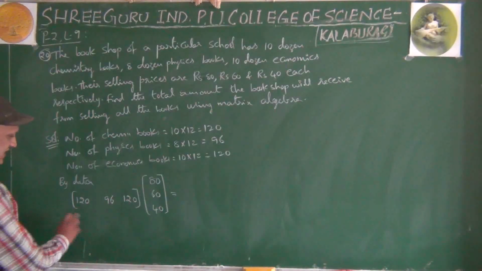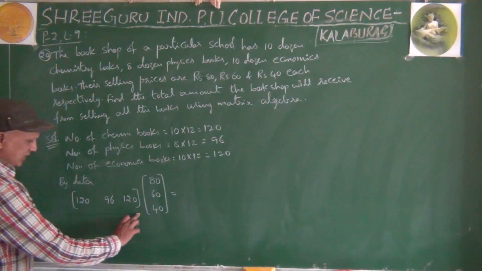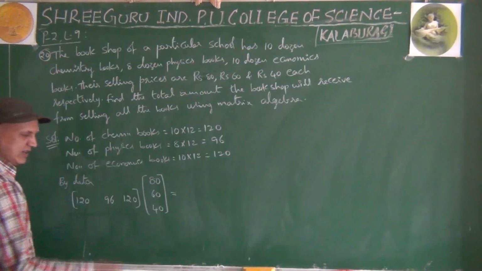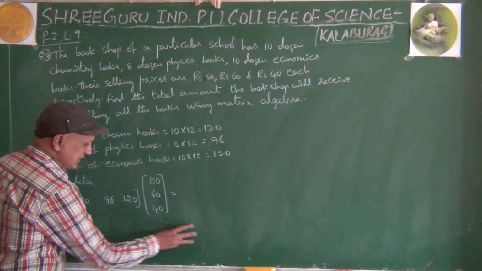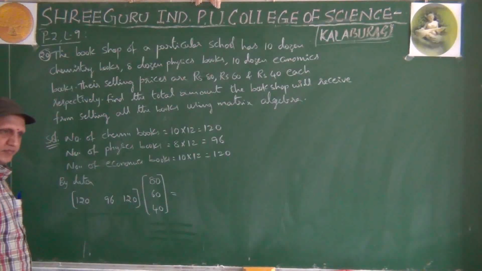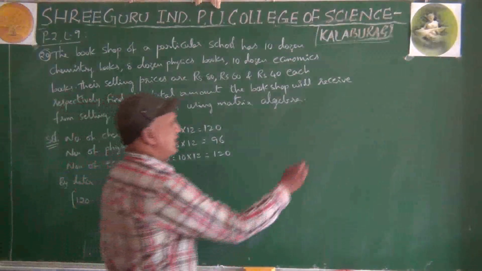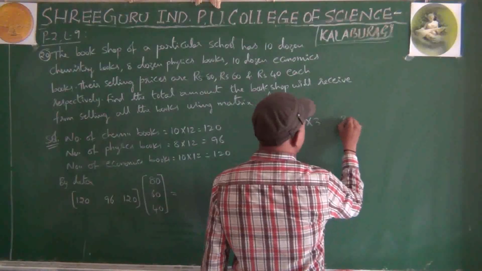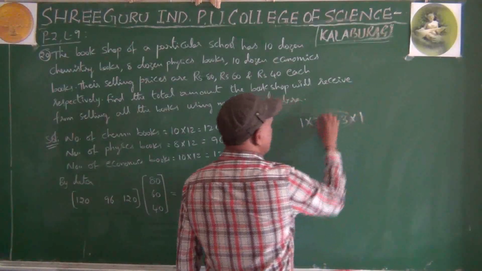This is only one row, 3 columns. Here 3 rows, 1 column. Right? 1 row, 3 columns, and this one, 3 rows, 1 column. These two will vanish.